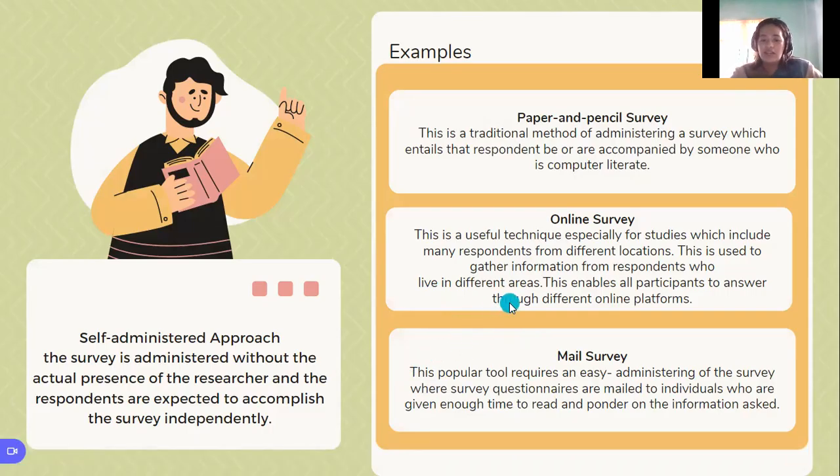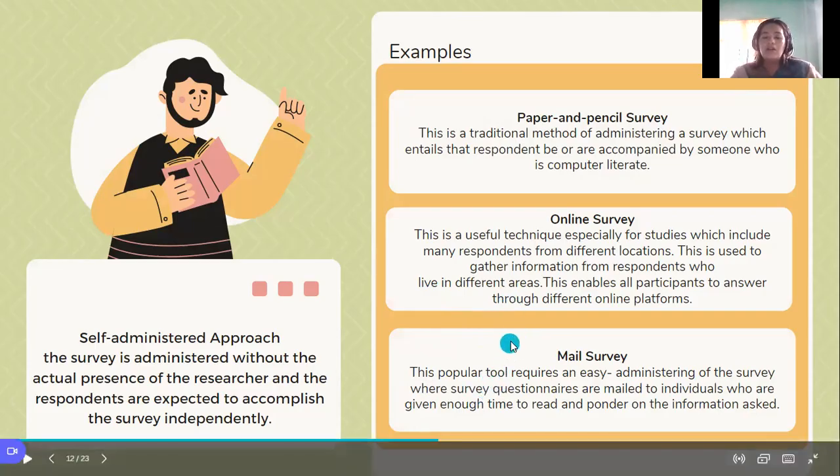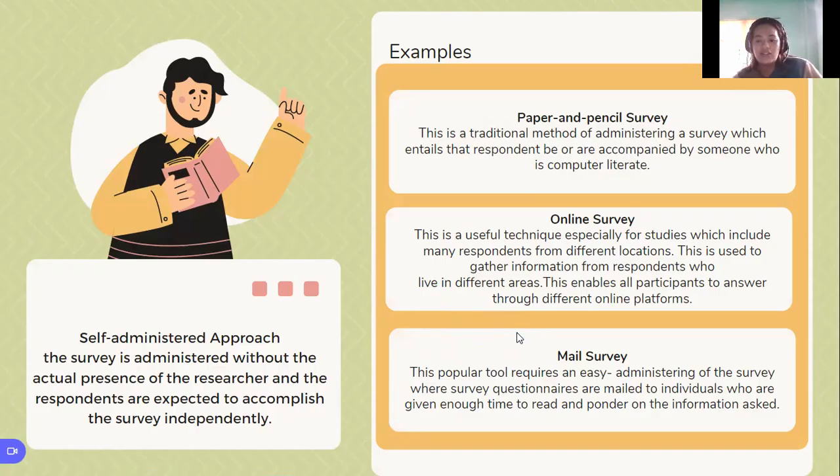Well, the mail survey now is a popular tool that requires easy administering of the survey, where survey questionnaires are mailed to individuals who are given enough time to read and ponder on the information asked. So this is when a printed form is given to your respondents. However, the disadvantage for this one is that some survey questionnaires may not come back to you as the researcher.